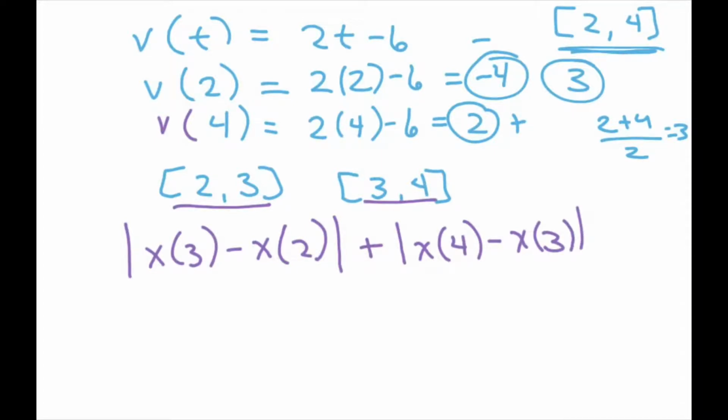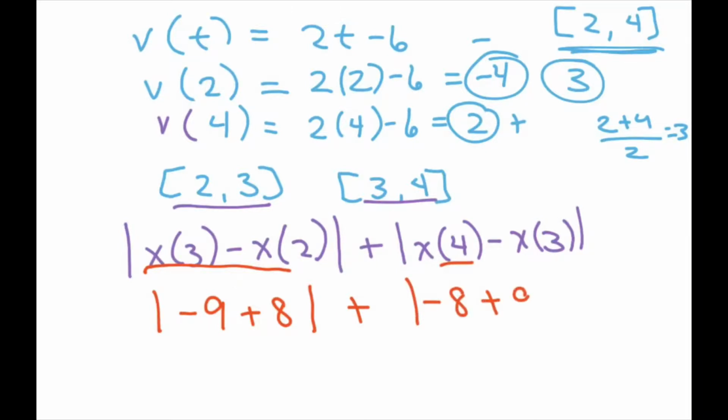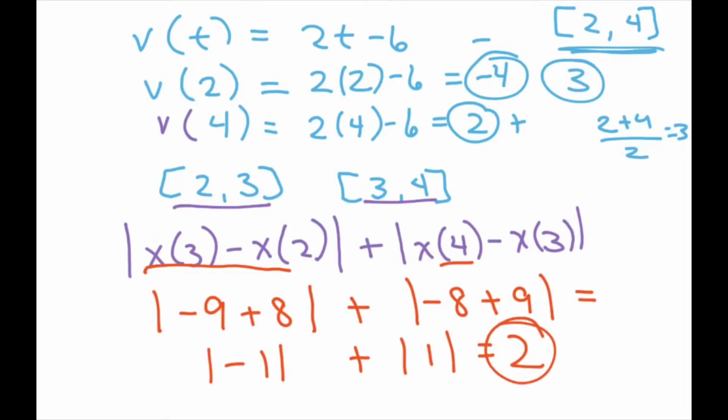You plug it back into your original equation, and this is going to equal absolute value of negative 9 plus 8, plus negative 8 plus 9, which is absolute value of negative 1 plus absolute value of 1, which equals 2. So the distance the particle traveled is 2, not 0. So be careful with that one, okay?